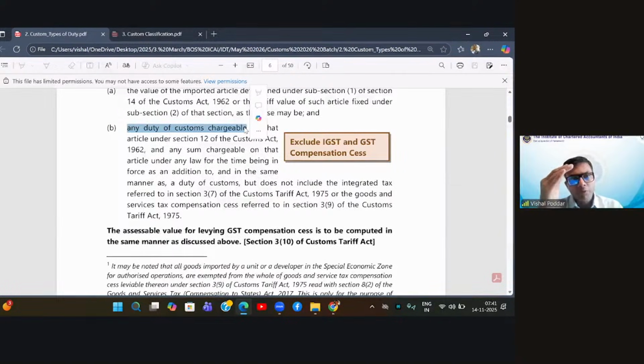When the basic custom duty and the customs surcharge are added to the customs assessable value, this total becomes the value to calculate the IGST and also the compensation cess.